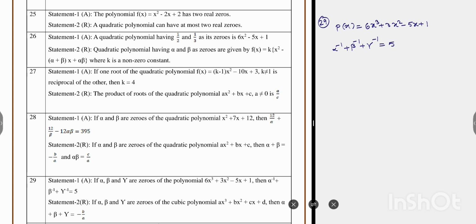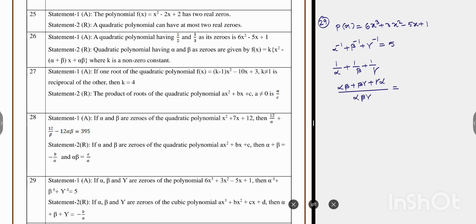We have to check whether it is 5 or not. Alpha power minus 1 means 1 by alpha plus 1 by beta plus 1 by gamma. After taking LCM it will be alpha beta plus beta gamma plus gamma alpha by alpha beta gamma.